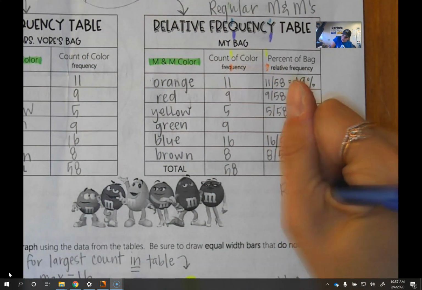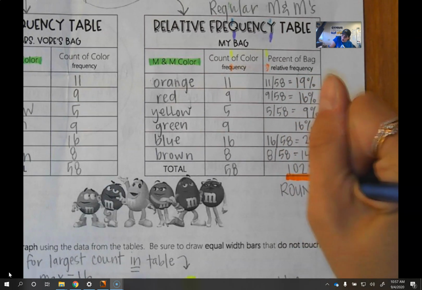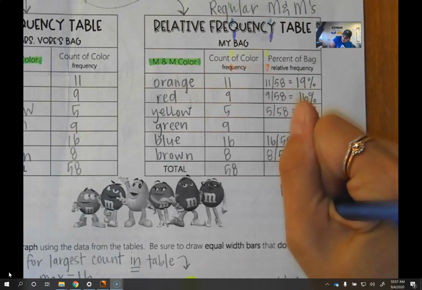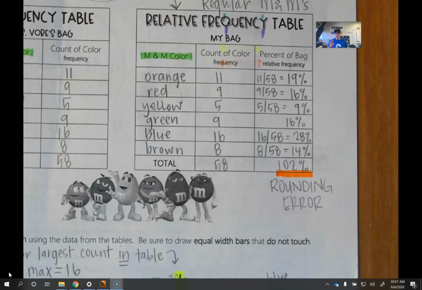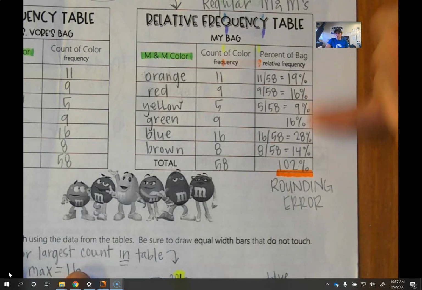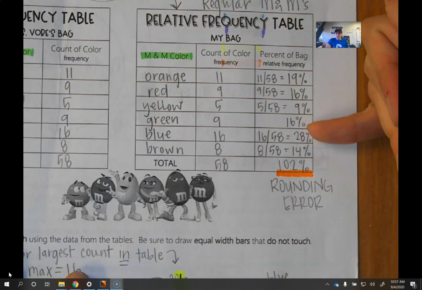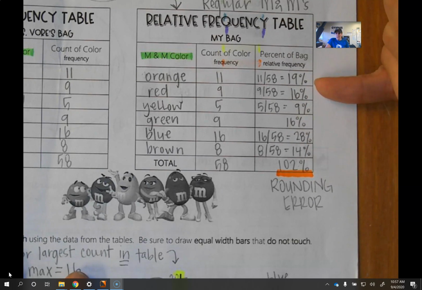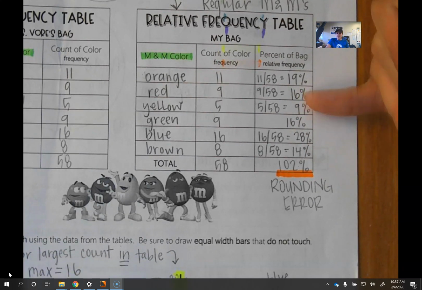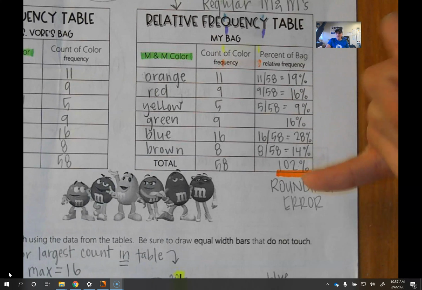So if you got something other than 100%, I want you to make sure that you write down and acknowledge that when you are converting fractions to decimals, because we're rounding to whole percents, sometimes we're going to end up with this thing called rounding error because of the way we round.